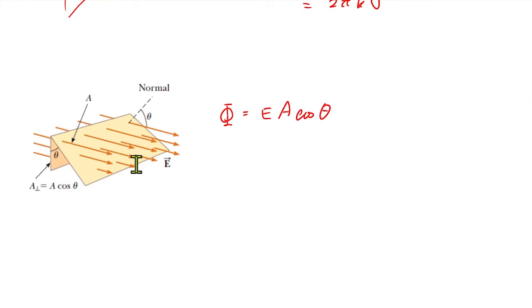If you make this theta pretty shallow like this, it doesn't matter. It'll only catch the exact same amount of flux, because that big area really doesn't contribute any. So it's really the perpendicular area that contributes. You know what I'm saying? And then comparing in this right triangle, this side is this hypotenuse times cosine theta.